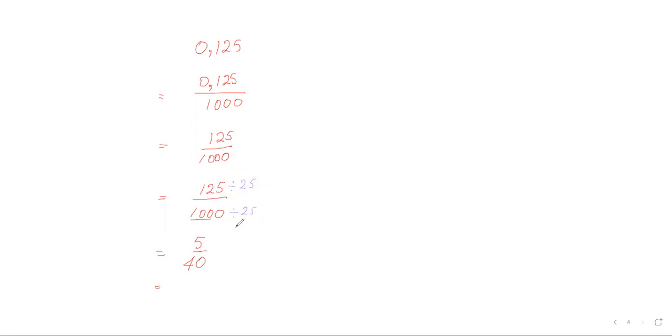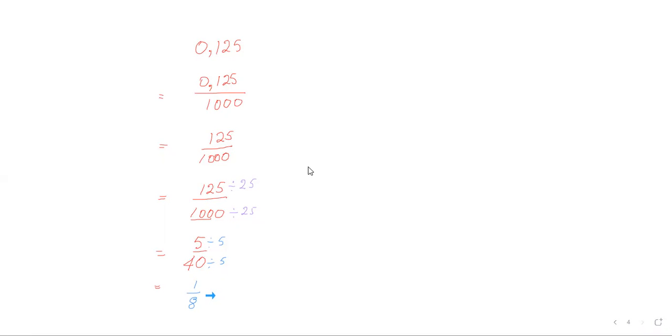We can go again, divide by 5. Therefore, 5 divided by 5 is a 1. 40 divided by 5 is an 8. So 0.125 is 1/8.